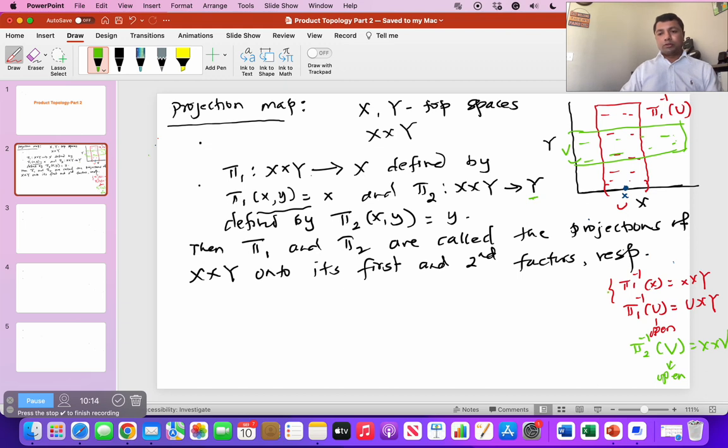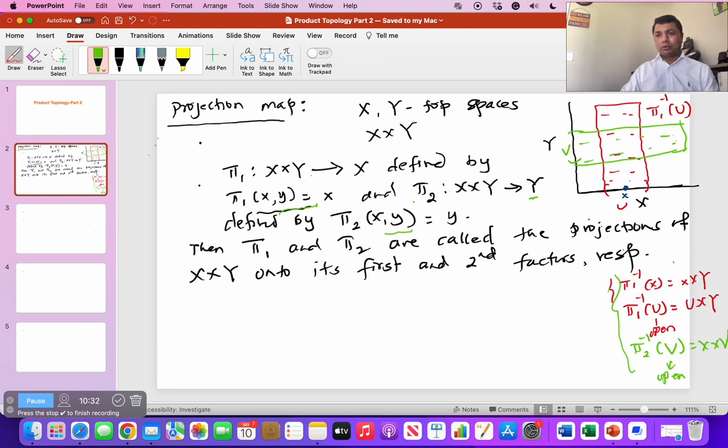Okay, so far we have defined the two projection maps, the projection of x cross y into the first factor x and also into the second factor y, using this definition and that one.